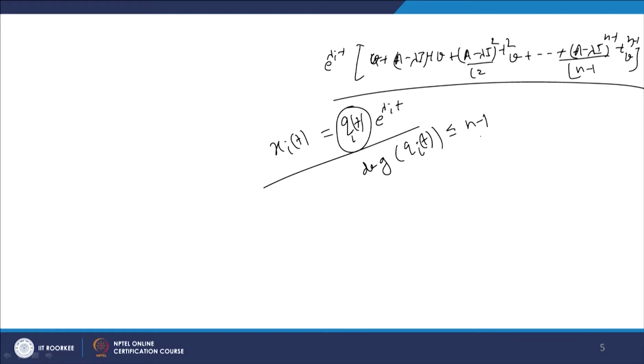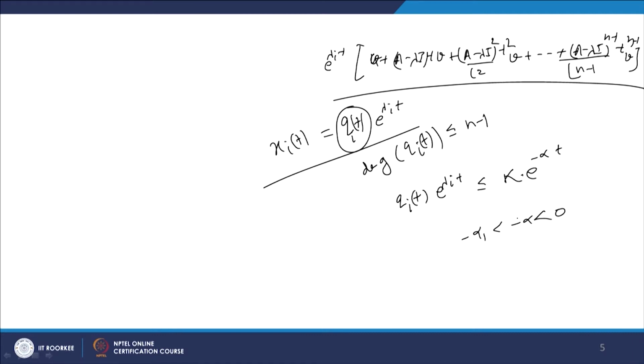Okay, so then we can say that the norm of q_i(t) e to the power lambda_i t is less than k e to the power minus alpha t. Our claim is that this holds since minus alpha is bigger than minus alpha 1, and it is less than 0.